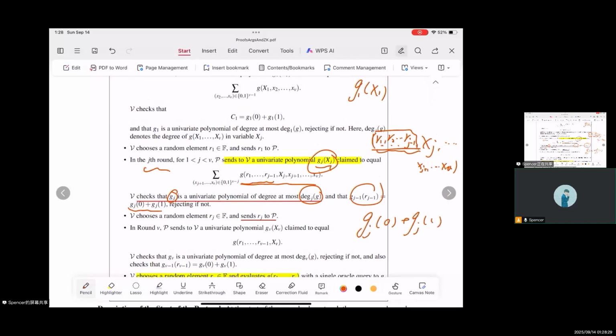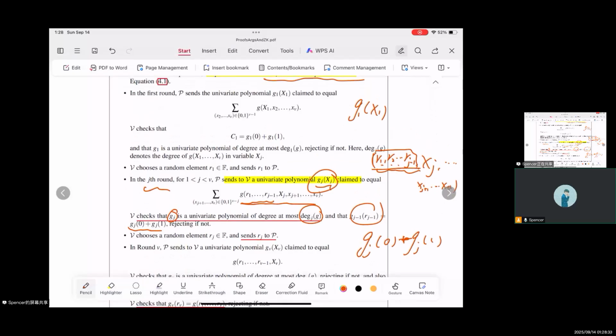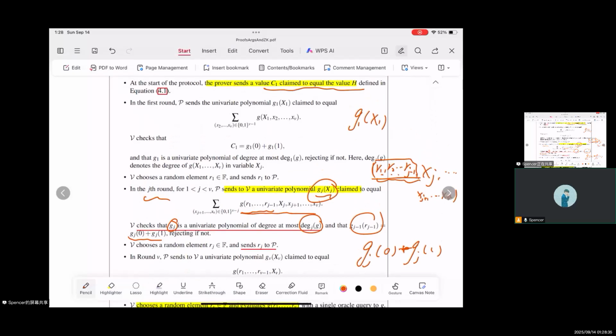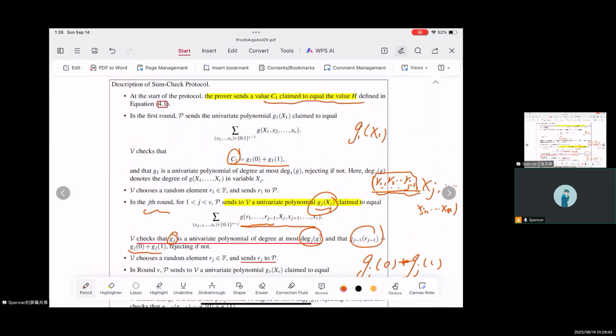It is a very familiar form because we just saw it before. Here, C1 should be equal to G1(0) plus G1(1). Here it uses C1, the first value that the prover claims to equal the value H.